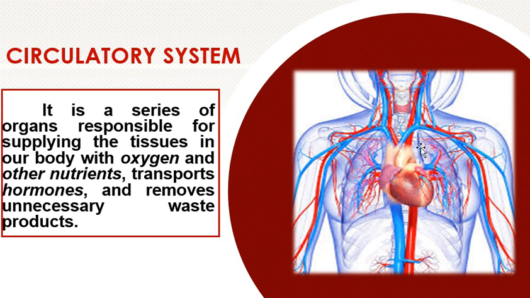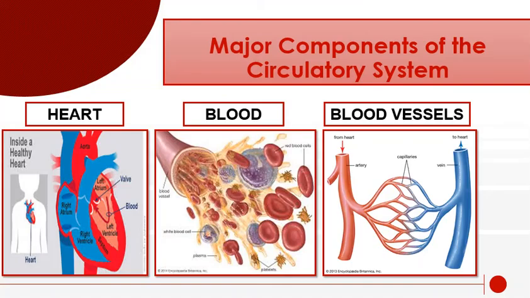You can see that it focuses on the heart, and we also have these blood vessels. The major components of the circulatory system are the heart, the blood, and the blood vessels.